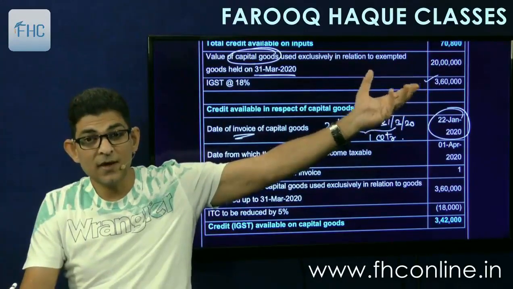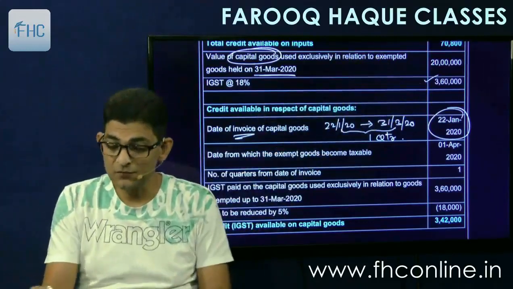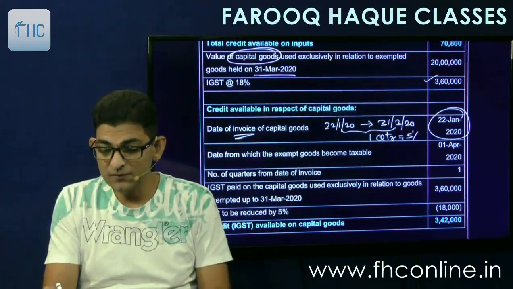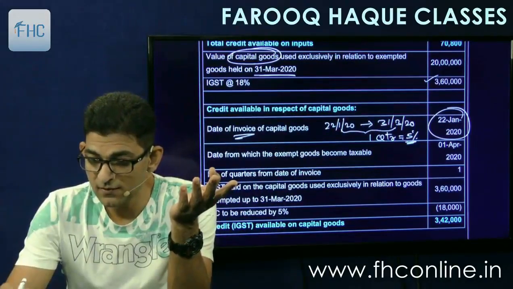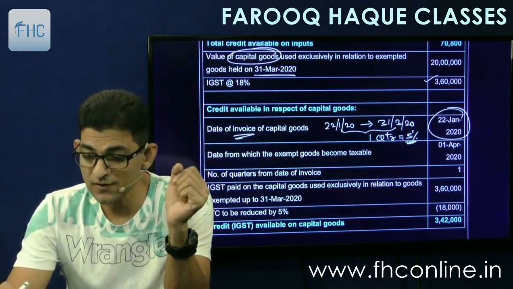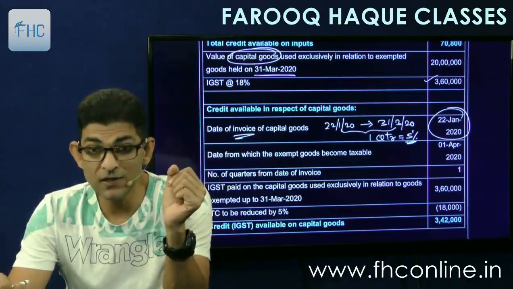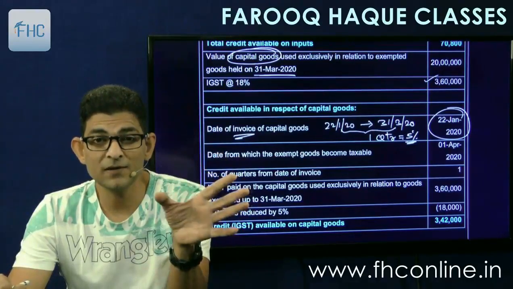So you take this and you reduce 5% from there. So 1 quarter you have to deduct 5%. So 3,60,000 into 5% will be 18,000. So you deduct 18,000. After deducting you will get 3,42,000. So 342 will be the credit available.